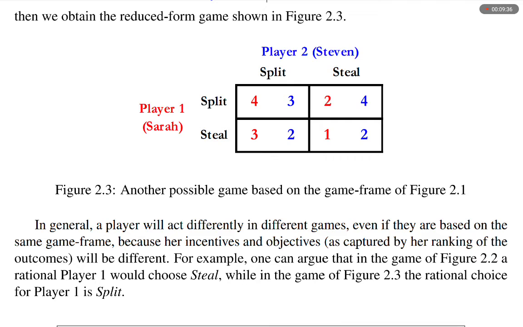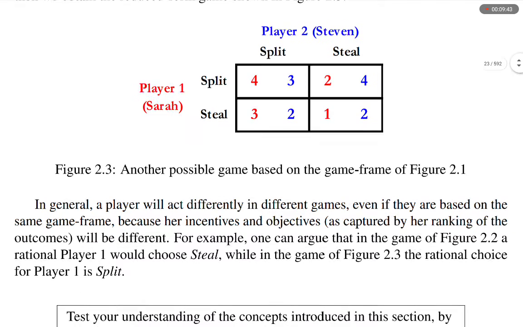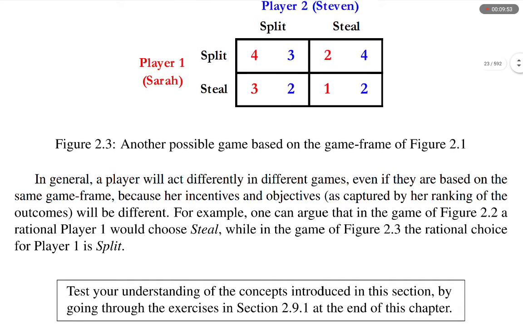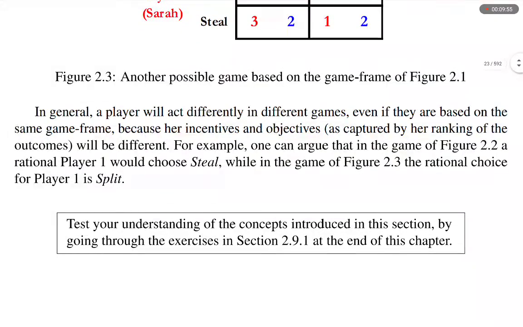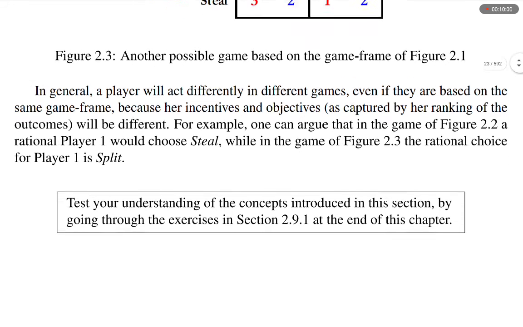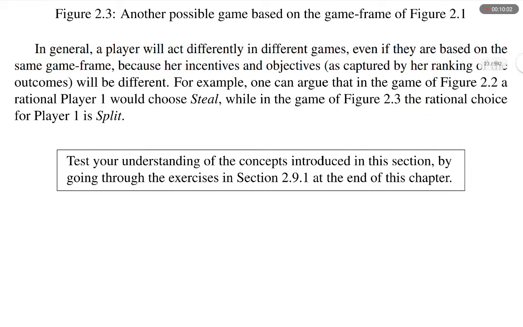Where Sarah steals and Stephen splits, Sarah gets 3 and Stephen gets 2. Where Sarah steals and Stephen steals, Sarah gets 1 and Stephen gets 2. Figure 2.3, another possible game based on the game frame of figure 2.1.